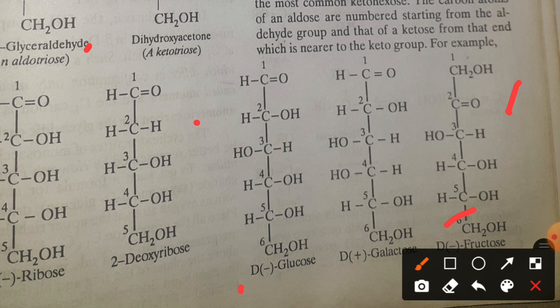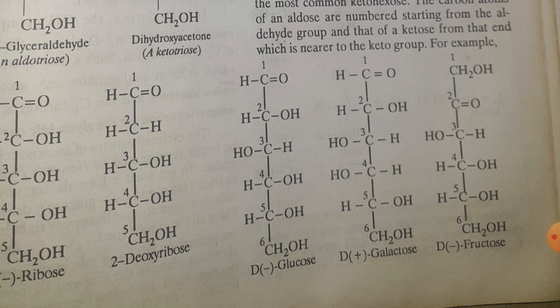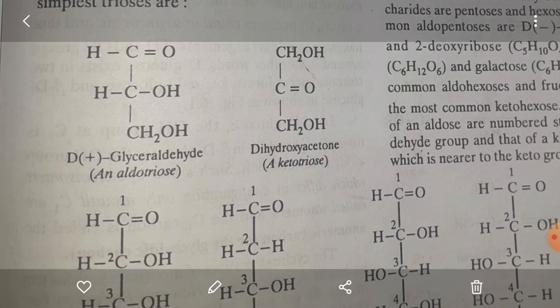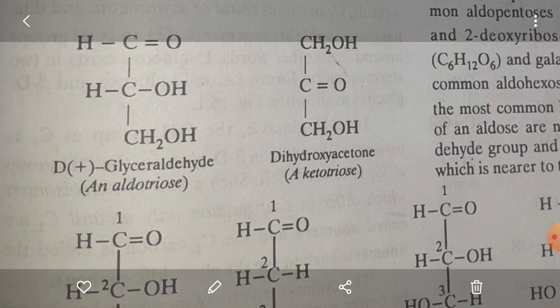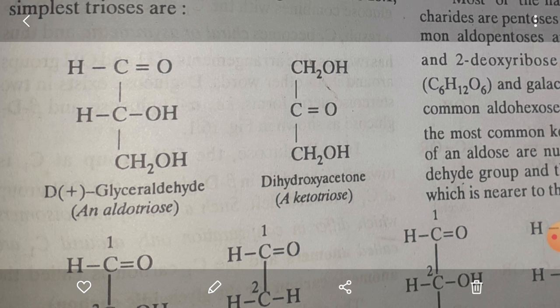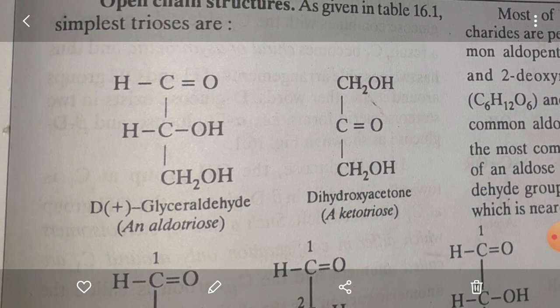So numbering is done from the end which is closest to the carbonyl carbon atom. Now look at the structure of glyceraldehyde and dihydroxy acetone, which are the aldo triols and keto triols.